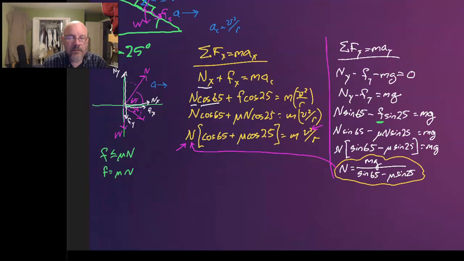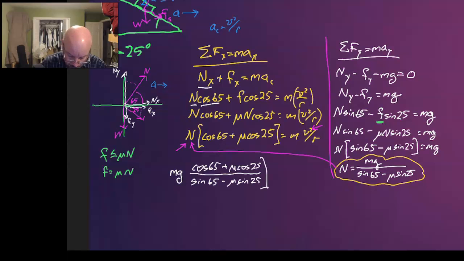I'll stick with white. So for N, I end up with mg times cosine 65 plus mu cosine 25 over sine 65 minus mu sine 25. That is mv squared over r.